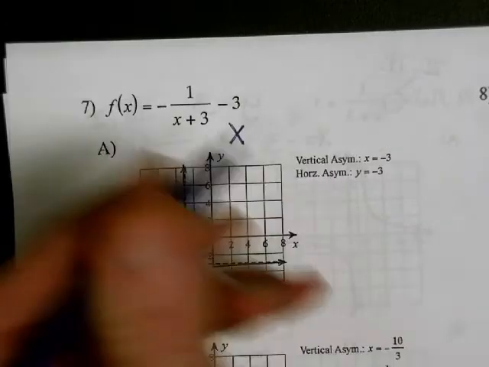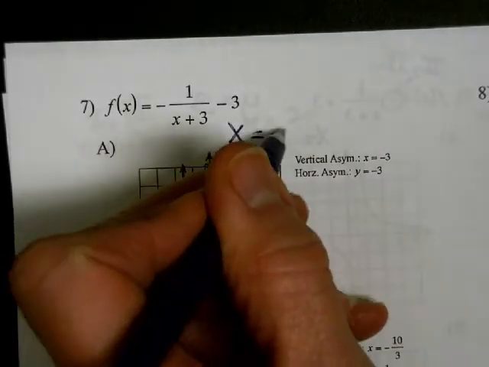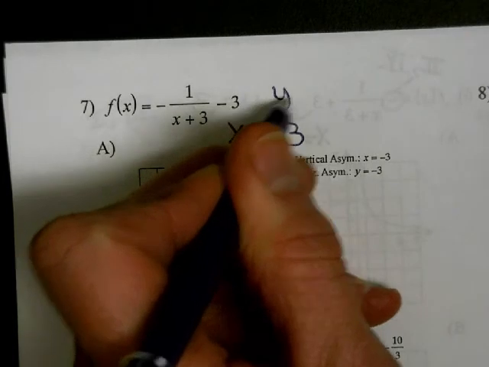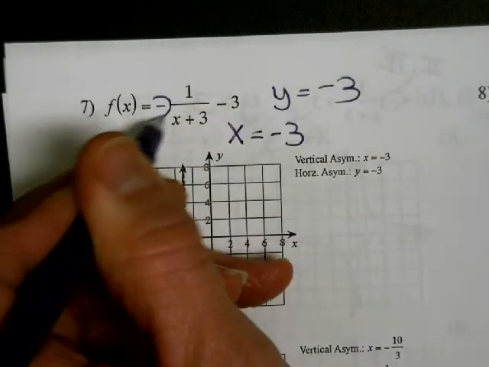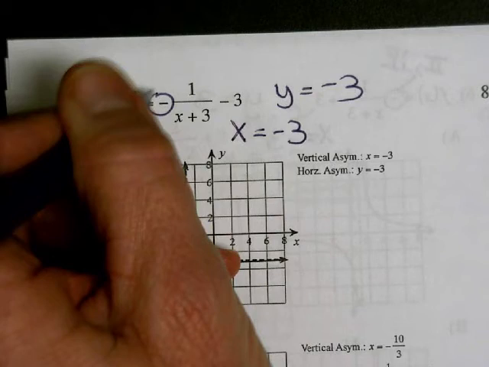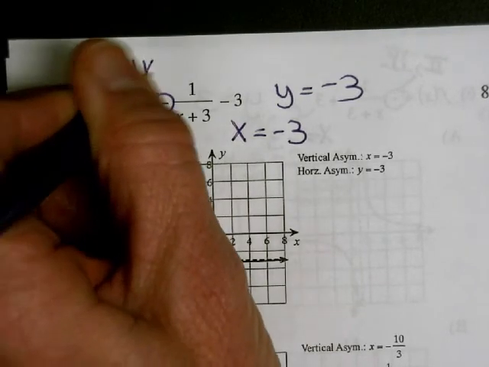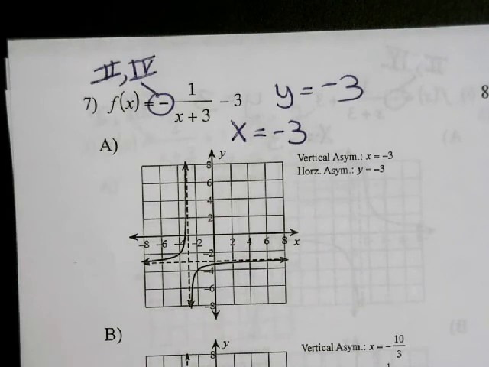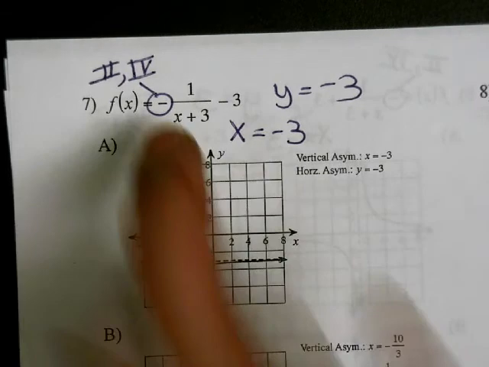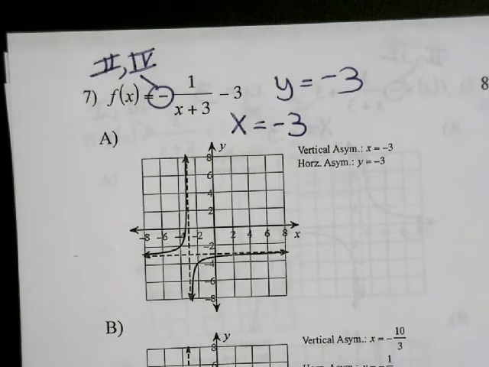Oh man, is that like a... Nope, they have a different sign. As I say, it almost looks like number 6. So X is negative 3, Y is negative 3, and it lives in regions 2 and 4 because it's reflected across the Y-axis and the X-axis, because it's multiplying to Y. They're both negative 3.